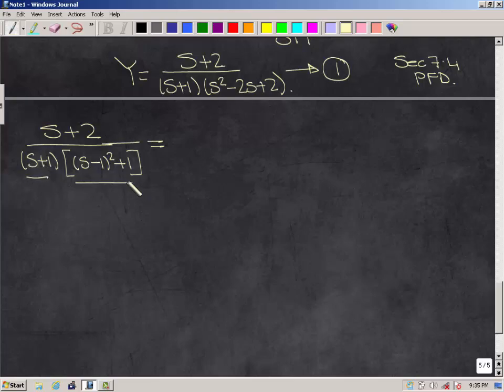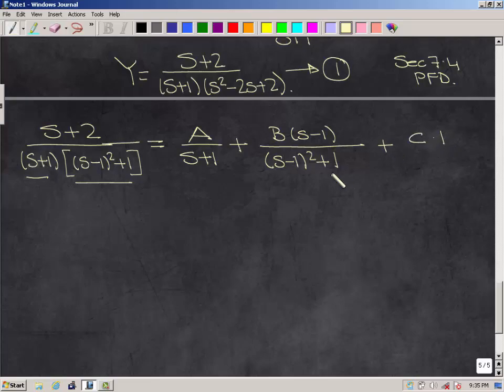These two are distinct, so we get a over s plus 1 plus this one. If you recall, because we do completing the squares, we want to write it as b times s minus 1 plus c times 1, whatever this one number is, over s minus 1 squared plus 1.